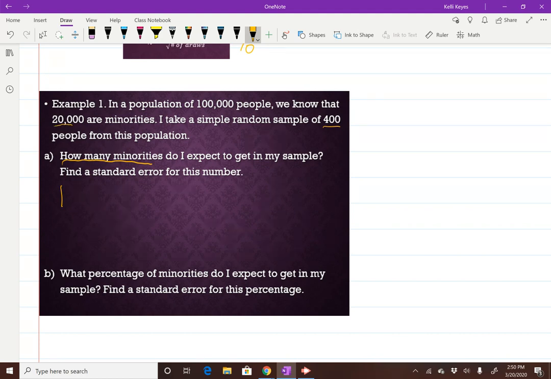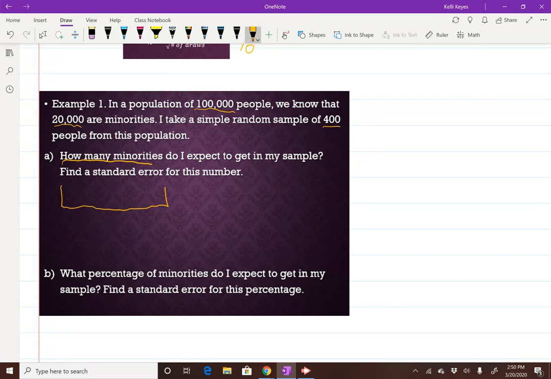We have 20,000 minorities in the 100,000. That is 20,000 out of 100,000, which is 20%, right? So if 20% are minorities, then I could set up a box model multiple ways, probably an infinite number of ways.